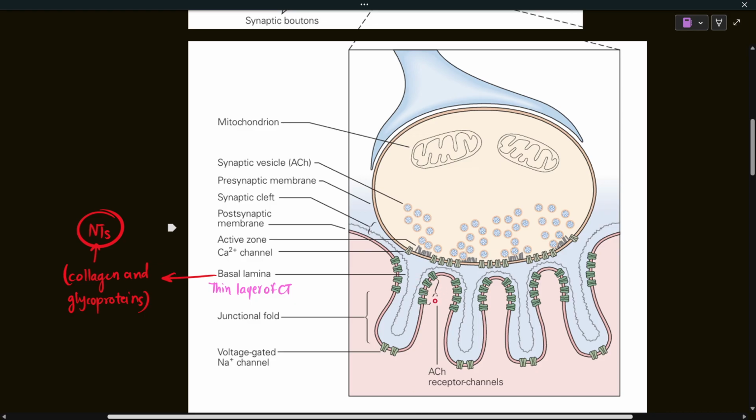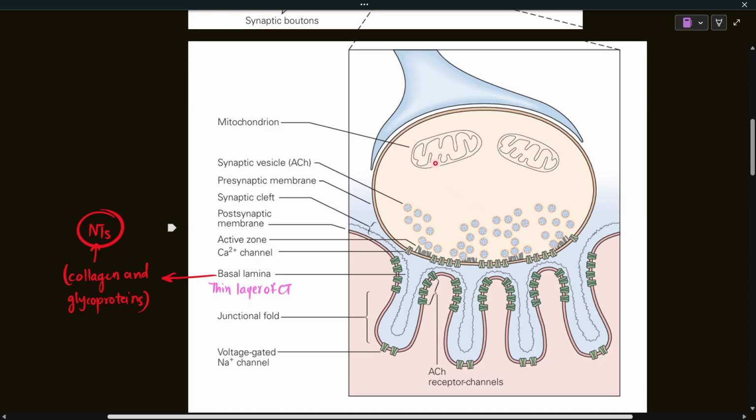Enzymes are also secreted from the postsynaptic membrane, like acetylcholine esterase, which hydrolyzes acetylcholine and breaks it down into acetate and choline, so that overstimulation doesn't happen.